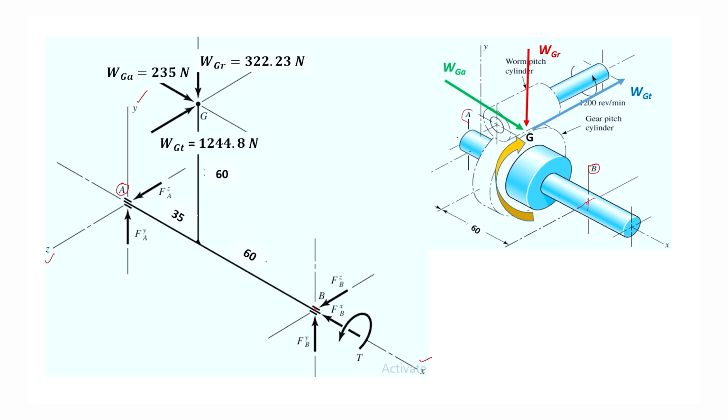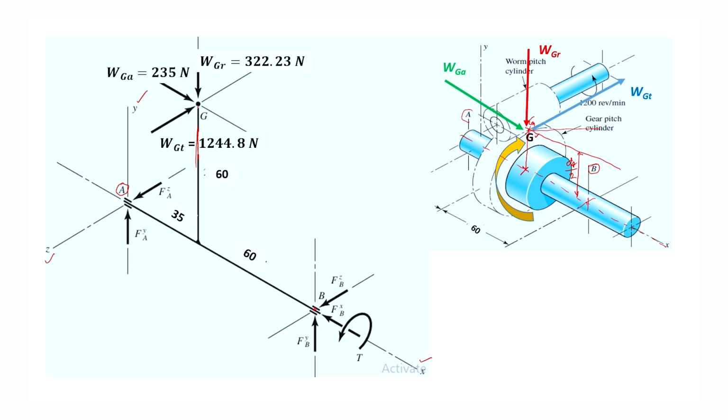And from the axis of rotation of the gear, at a distance of dg divided by 2 in the direction of y is the pitch point G, and this distance is dg, the pitch circle diameter of the gear, divided by 2. That is shown here. The pitch circle diameter of the gear is 120 mm. So, the distance of this pitch point will be dg divided by 2, meaning 60. So, that is shown here.